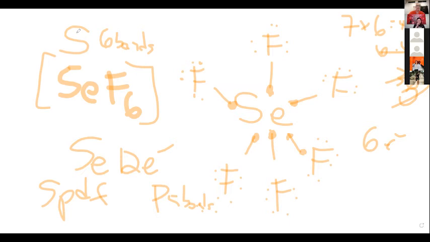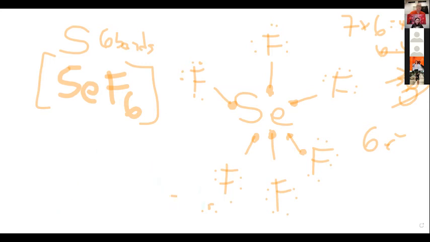So now it's just a matter of trying to figure out what the shape is. The shape is going to be determined by the VSEPR rules, and our AXE. So as far as AXE goes, selenium is our central atom.